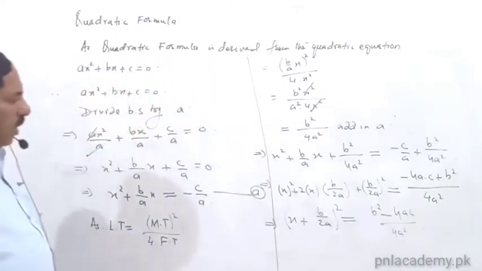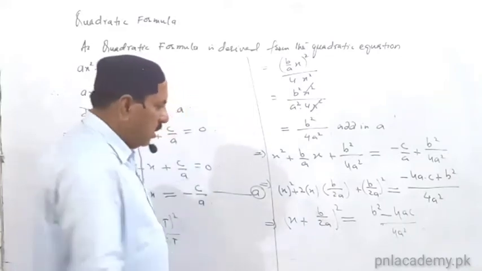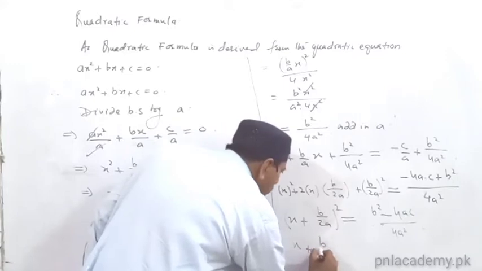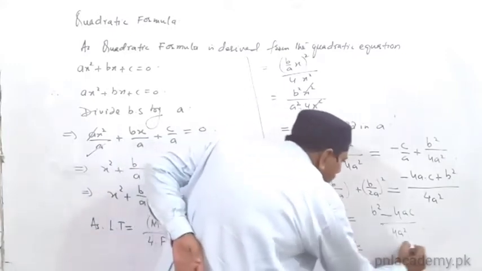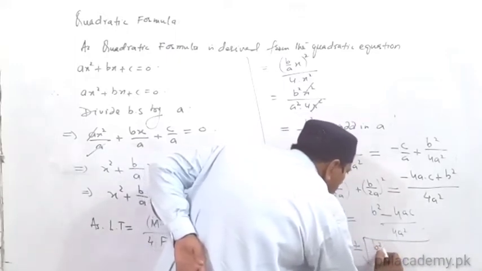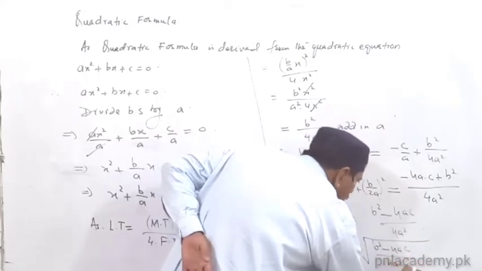So we need the value without square, not with respect to square. This will be x plus b upon 2a is equal to plus minus radical b square minus 4ac upon 4a square.